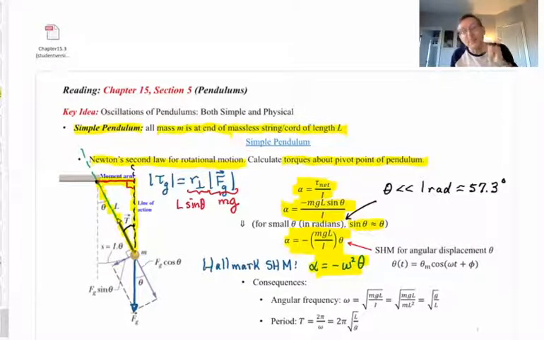And it has just appeared before us in the line right above. Alpha equals negative, stuff grouped, mgL over I times theta. That is exactly this hallmark equation. And the minute we see that hallmark equation, we know we have simple harmonic motion for the variable, in this case, theta, the angular displacement.